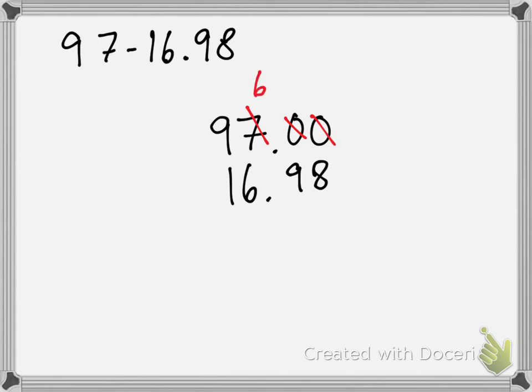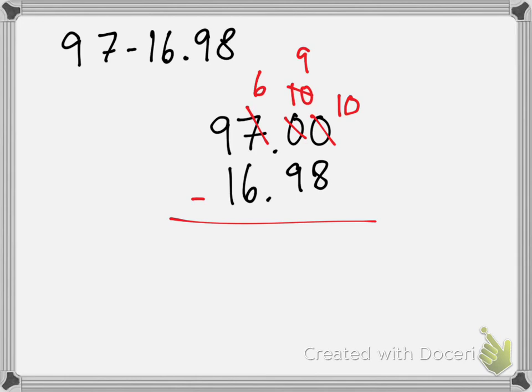And the 0 becomes a? 10. Yes. But now what do I have to do? Eduardo, I still have that first 0 that I need to deal with. So I've got to borrow again. What do I do? Yeah, and then that 0. Perfect. And now we're able to do our math.